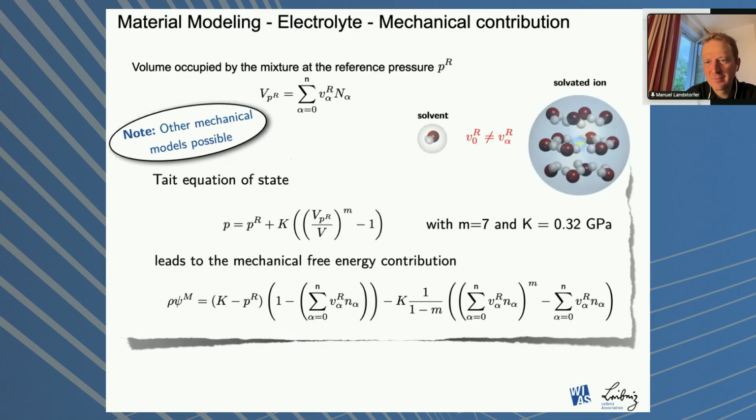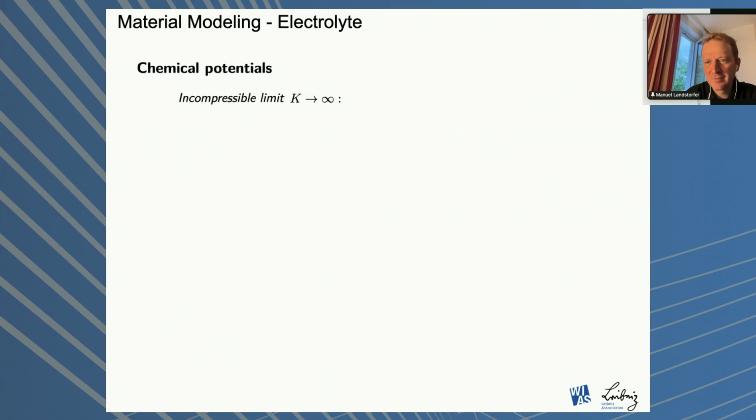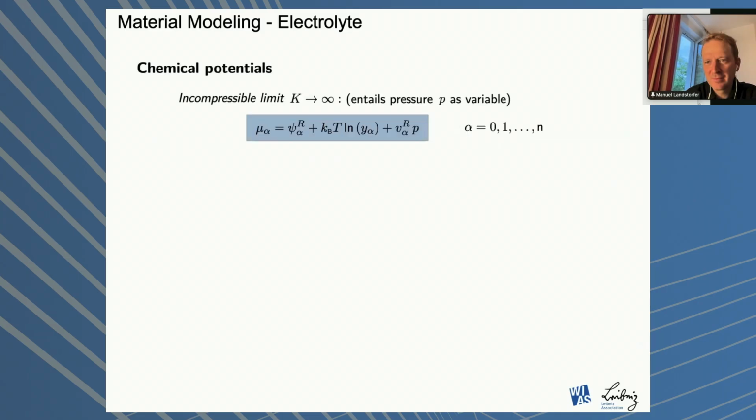Anyhow, this just should show you that this is really a framework type of model. So if you have a liquid which is more compressible than another one, then you would maybe have to use another state equation for the mechanical free energy density. In the incompressible limit, which really entails pressure as a so-called variable, you then find a simple relationship for the chemical potential mu alpha, which is psi alpha ref.